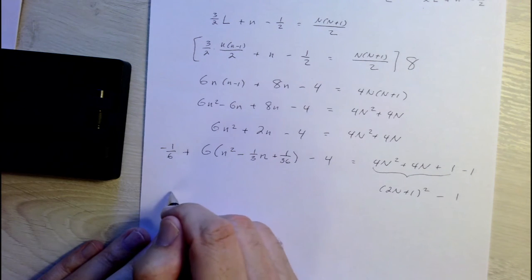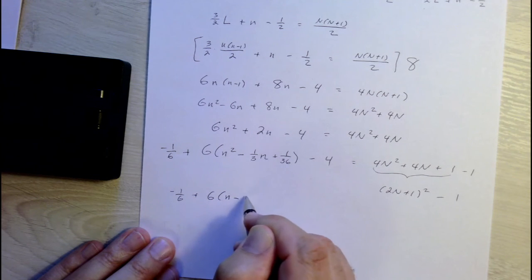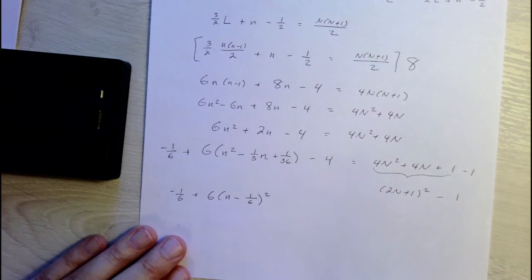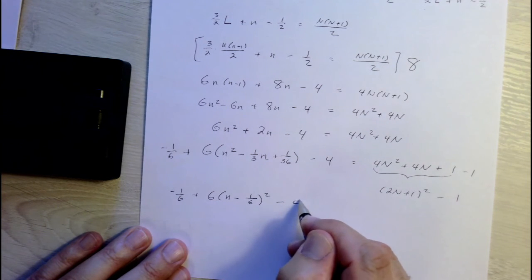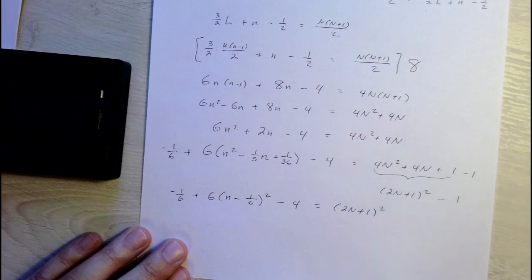And now we have negative 1/6 plus 6 times n minus 1/6 squared minus 4 equals 2n plus 1 squared minus 1.